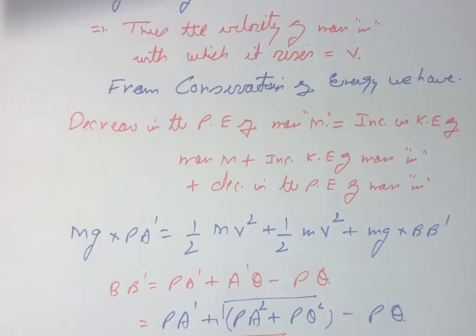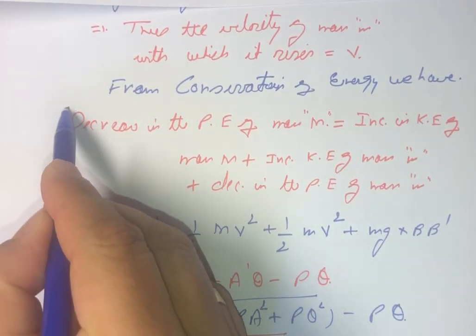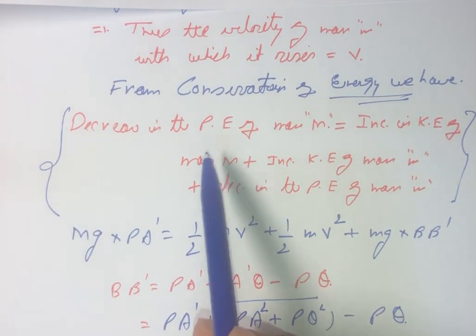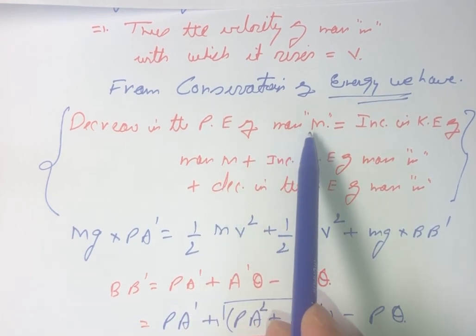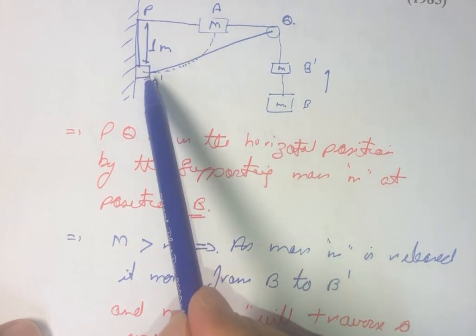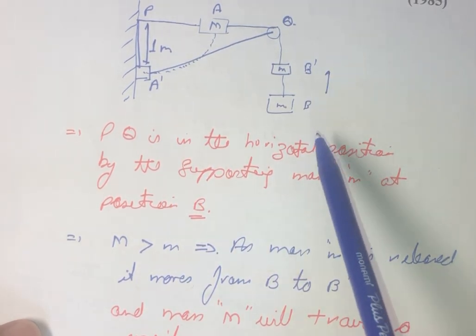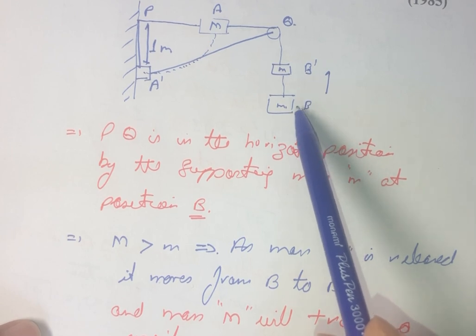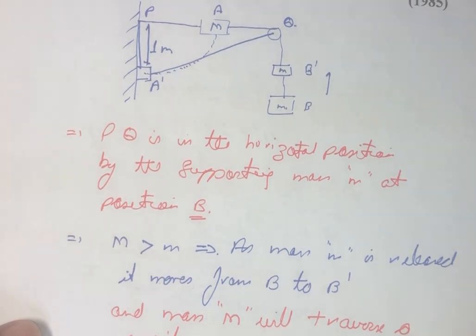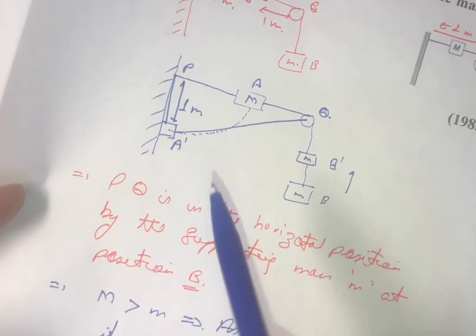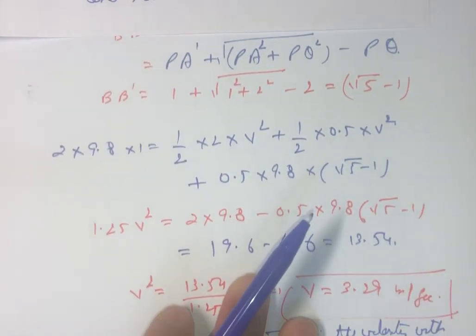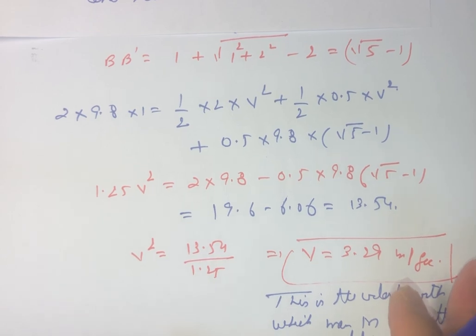Second is the formulation of the equation based on conservation of energy: the decrease in potential energy of mass M as it moves from A to A prime equals the increase in its kinetic energy, plus the increase in kinetic energy of small m moving from B to B prime, plus the increase in its potential energy. These are the only two important steps in the solution of this question. This completes the question. Thank you.